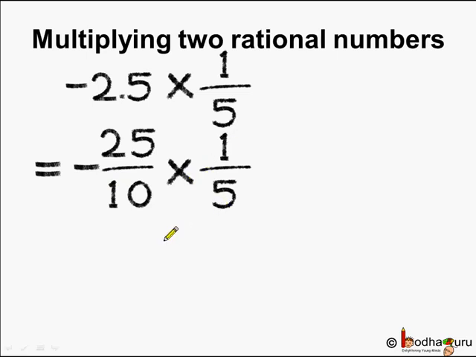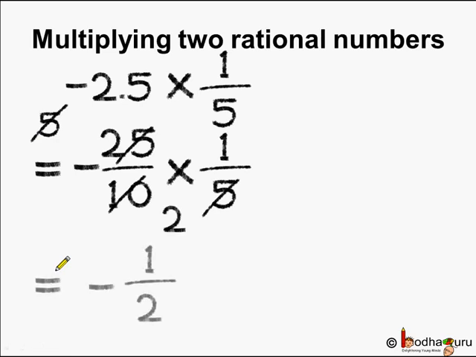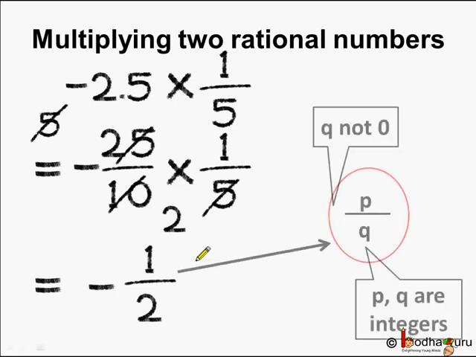This multiplied by 1 by 5, and we can reduce it. 5 ones are 5, 5 fives are 25. We can further reduce it. 5 ones are 5, 5 twos are 10. So the answer here is minus 1 by 2.